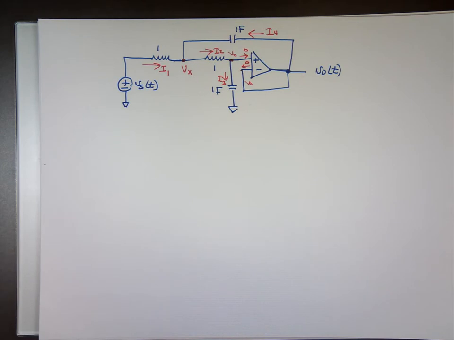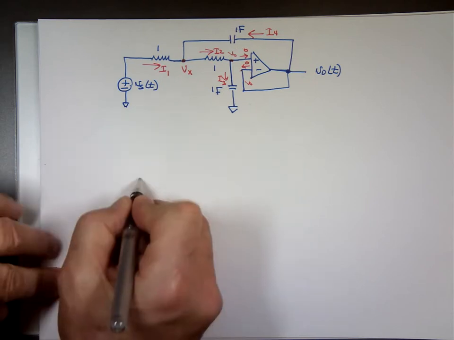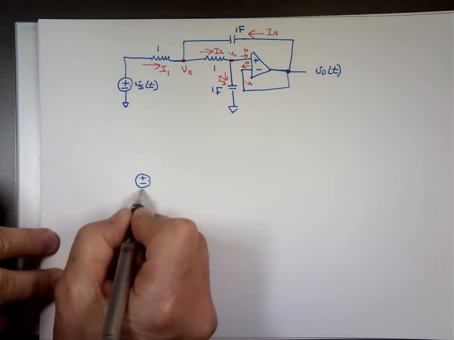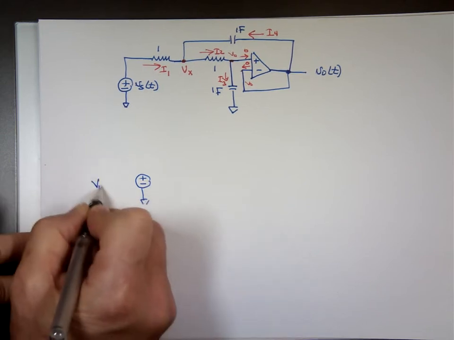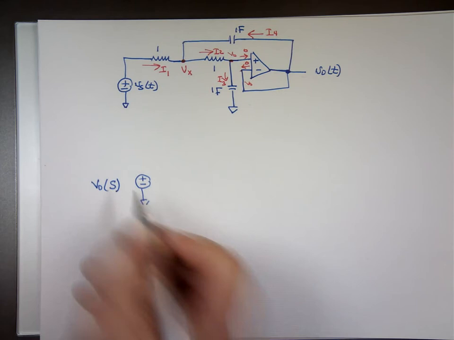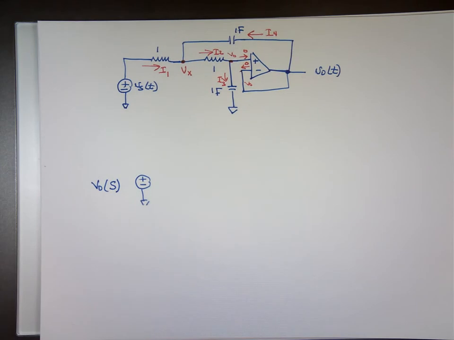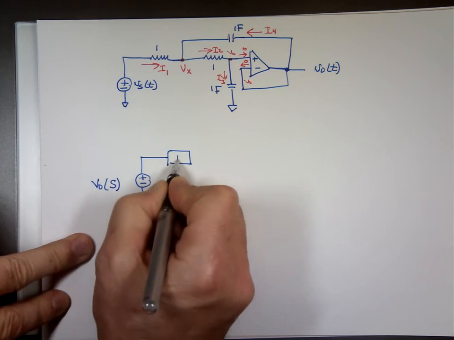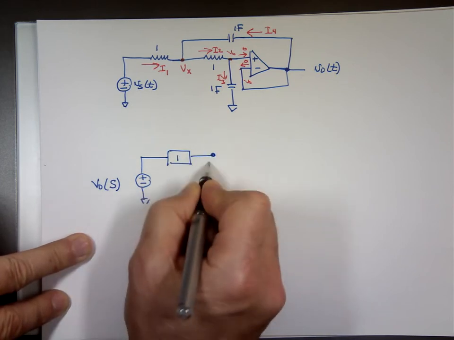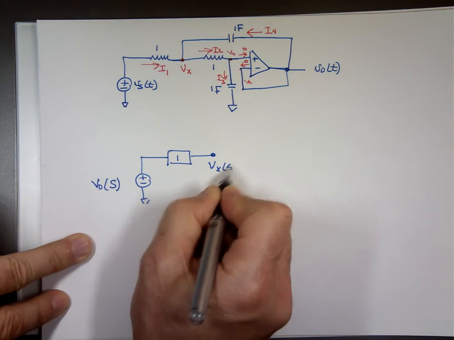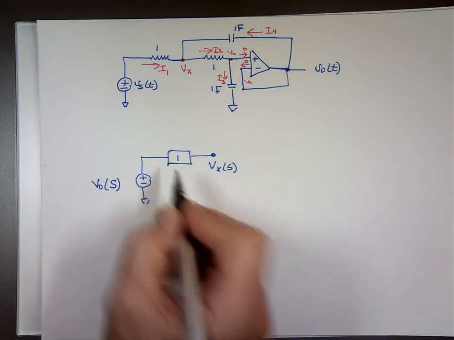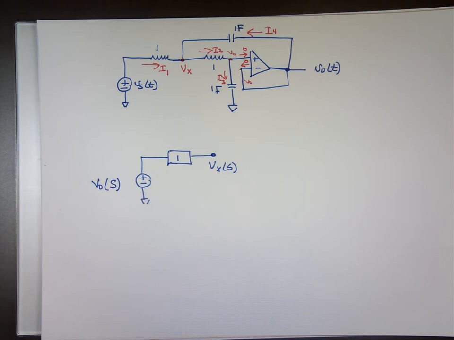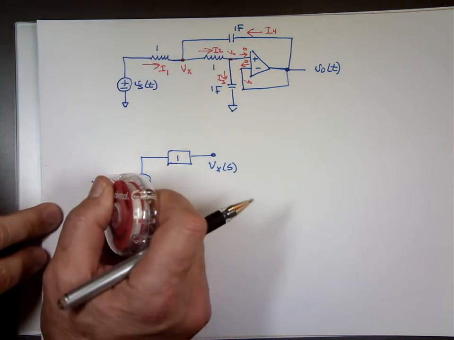Again, I'm using Laplace here. Change everything to the s domain. Well, the source, since I don't know what the source is, the only thing I can do is Vs as a function of s. The resistor stays the same. That's Vs labeled.